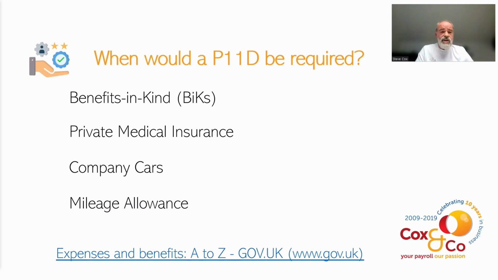And as I say, there's your expenses and benefits A to Z. If you go to that, you can find anything: taxi and bus fares, loans, telephones of all different types, along with the more common benefits, company cars, private medical insurance, company vans, fuel for said company vehicles. So that gives you a definitive list. Even if you spend hours poring over it, you'll still find things that aren't in there and you have to consider them in other ways.